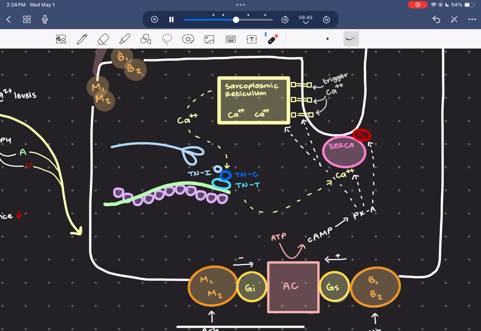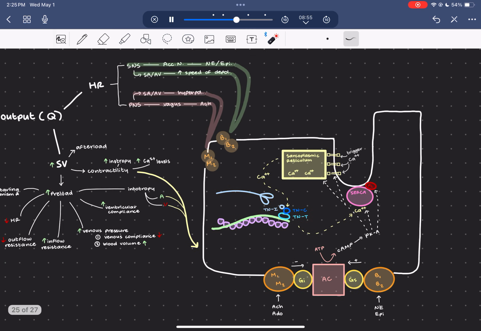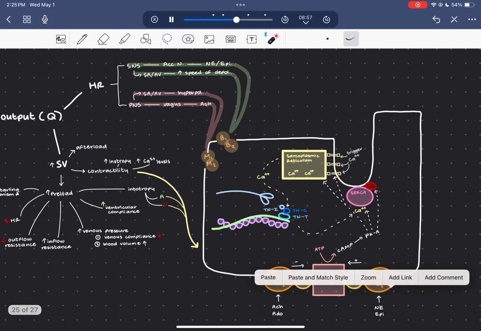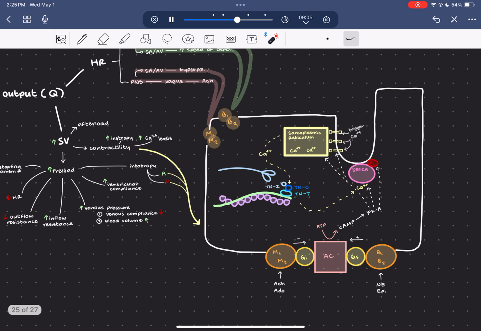And so we can also see here, looking at my beautiful drawing, we have other things going on. A lot of hormones can play into this. When looking at acetylcholine and ADO, these are going to be more inhibitory, so we're going to see a lot of PNS activation with this, which means this is going to kind of slow things down.